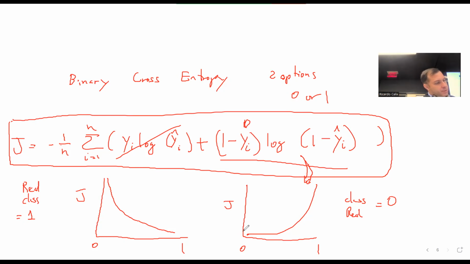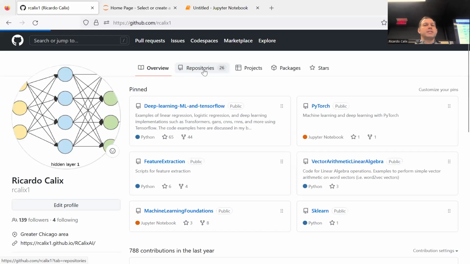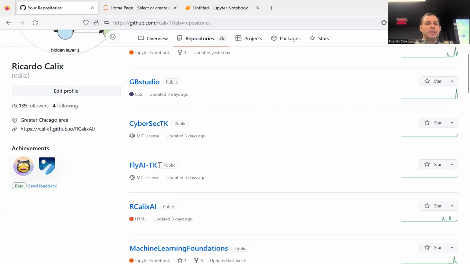So let's go through this. Where is this coming from? Okay, we have a few minutes, so let's go over here. All of this is coming from the section in Keras. So what I can do is let me share the GitHub. We're going to go to one of the code examples in the Machine Learning Foundations section.